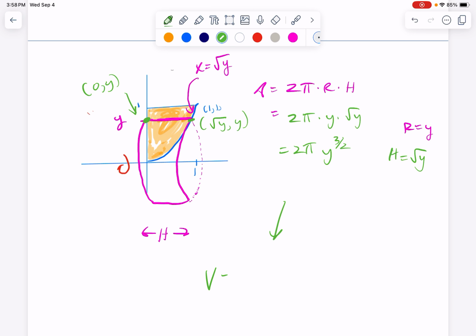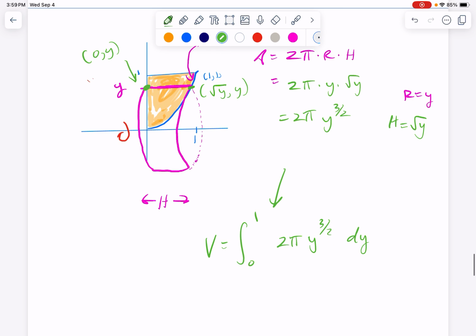So our volume would be the integral of this area function keeping track of the cylindrical slices as y goes from 0 to 1. And this is an easy enough integral to do.